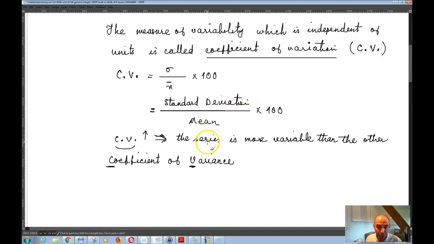If the number is larger than the coefficient of variance of the other series, you say that the series with the higher value is more variable than the other.